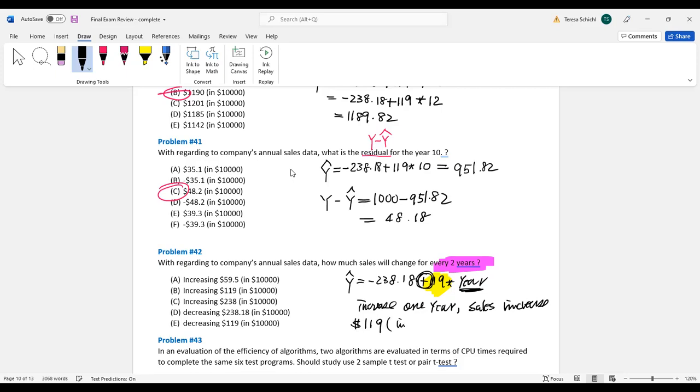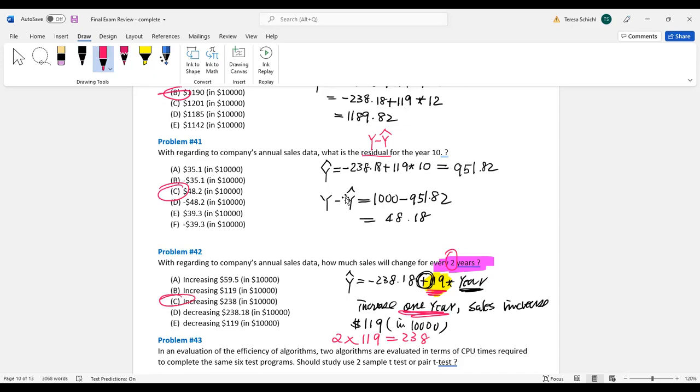So we say this is in the tens of thousands here. And now let's say I want to see how much in the 2 years. So that will just be 2 times 119, right? So 2 times 119 would be 238, right? Because the 119 is every 1 year. Now let's say 2 years, so it will be an increase of 238 here. So this is 42 here.